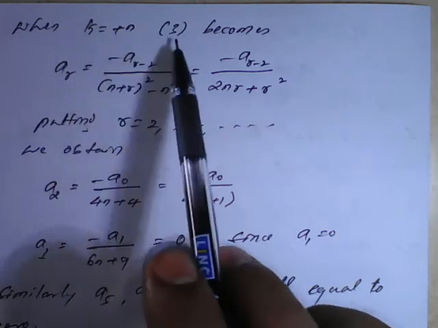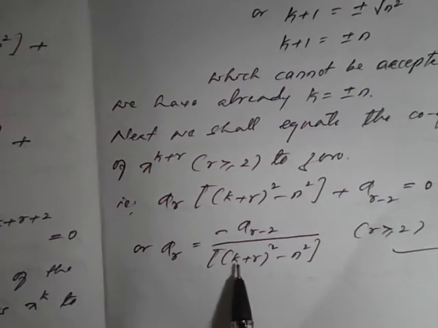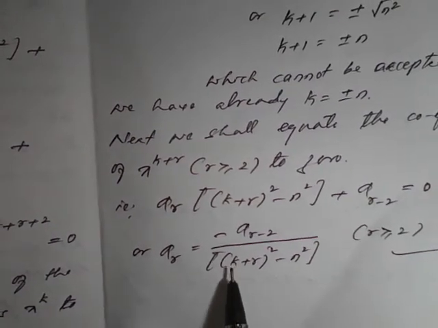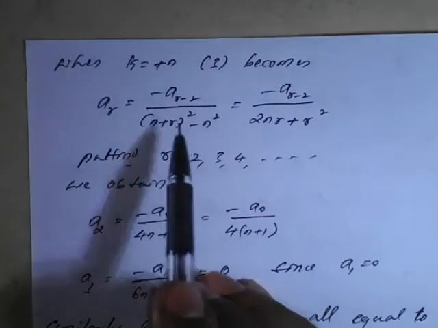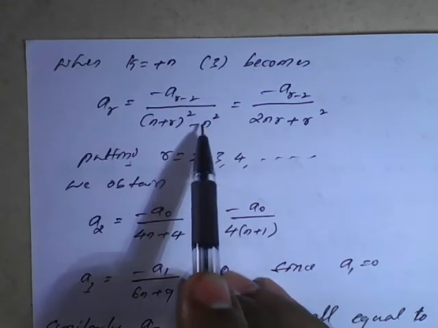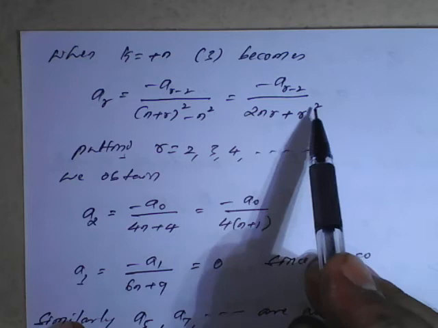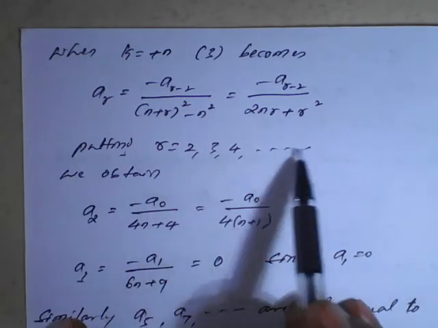So k is plus n in equation 3. k is going to be replaced by n now, so it will become (n plus r) whole square minus n square as it is. Simplify the denominator: it will become 2nr plus r square on simplification. Put r equal to 2, 3, 4, and so on.